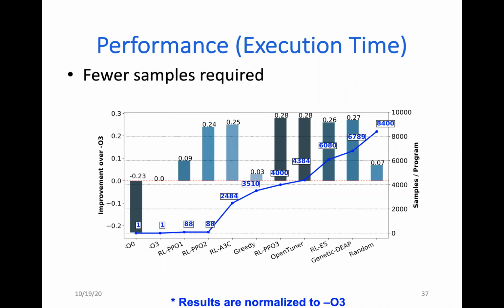So first, let's look at the samples. You can see that, for example, for one configuration of our RL, we were able to achieve 24% better performance than -O3 with only 88 compilations.